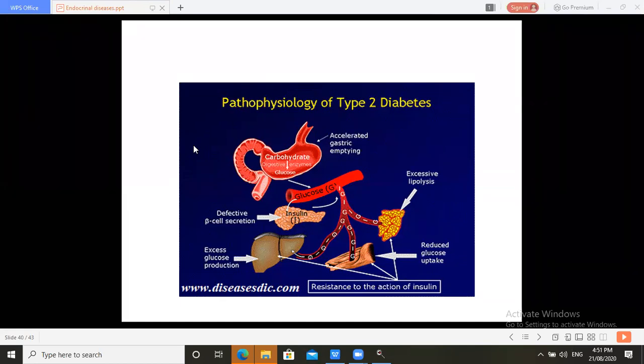It is very common in chronic diabetic patients with uncontrolled glucose levels. We call it diabetic retinopathy. Then cataract, which is also very common. Then glaucoma, also common with diabetes mellitus.